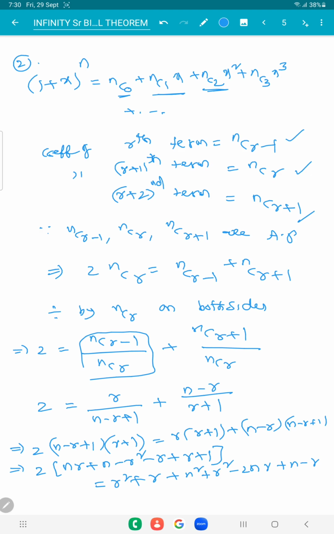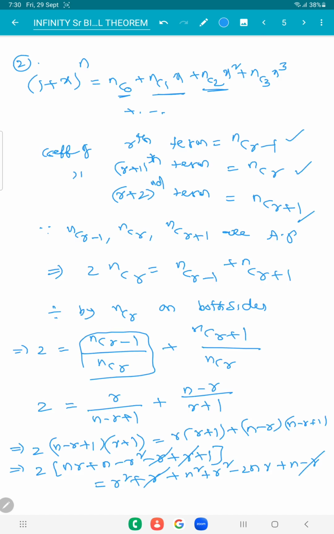If any terms are cancelled, then cancel them. So that implies that 2nr, r are cancelled, right, sir? Can we cancel anything else? R here is also cancelled. Next, what terms do we have? Multiply 2nr plus 2n. That is right, sir.